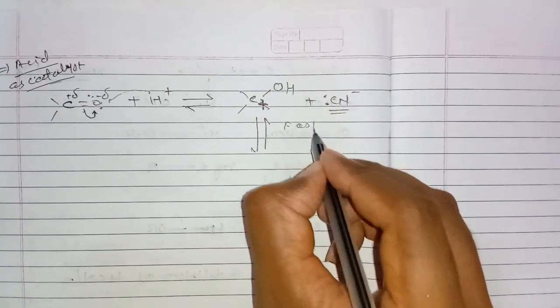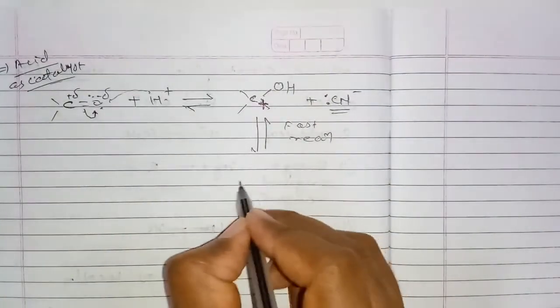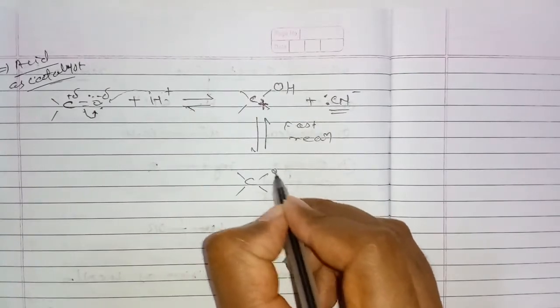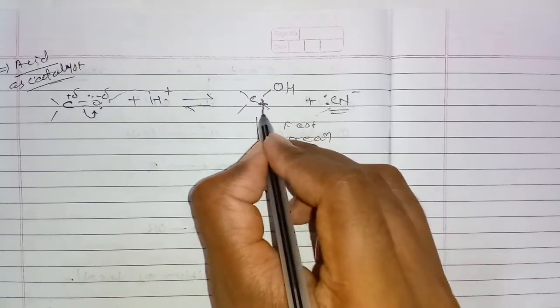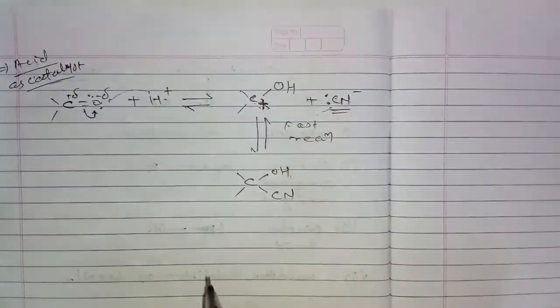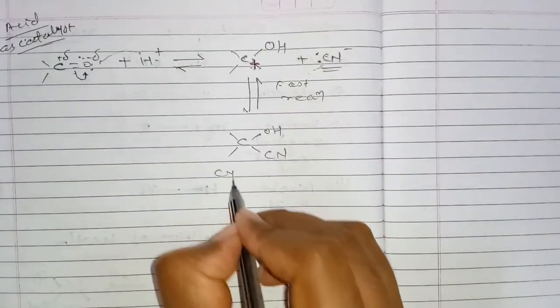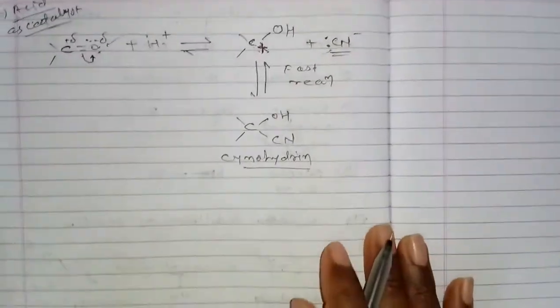The first step is very fast, and it is converted to OH, and CN will be attached with the positively charged carbon. It is cyanohydrin.